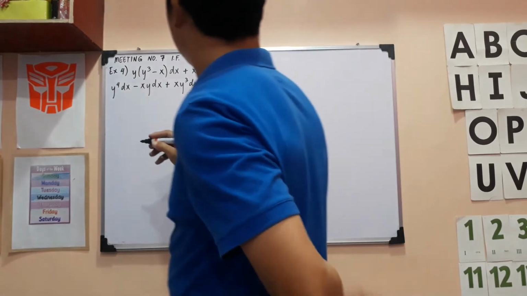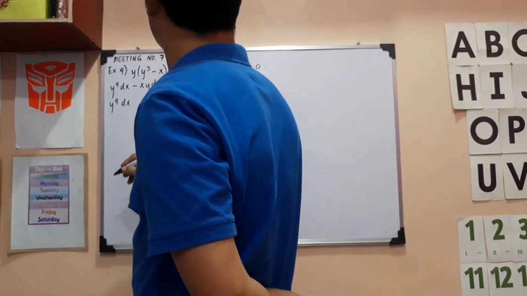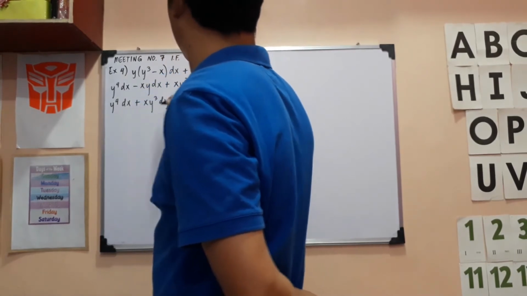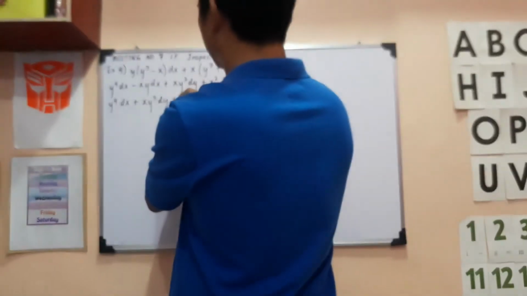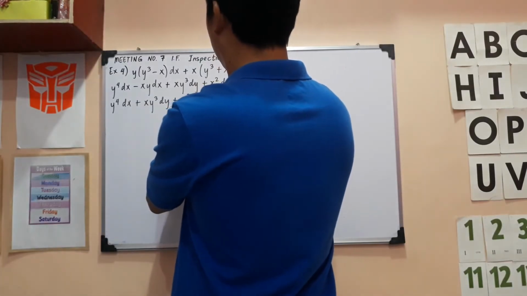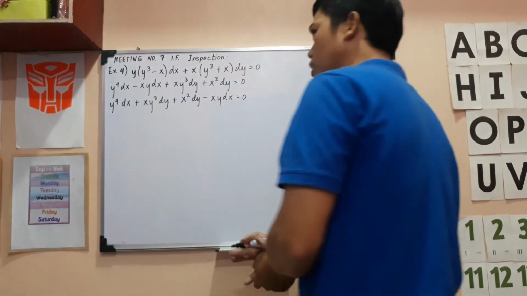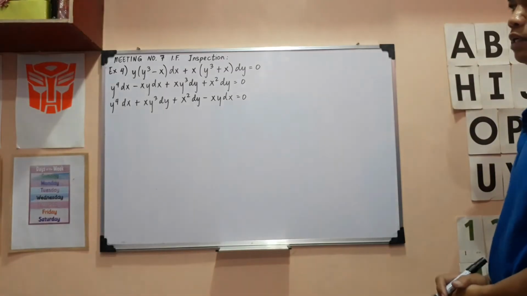Next, y to the fourth dx plus xy cube dy. So, i-group natin, no? Okay, first and then second. And then plus x squared dy minus xy dx is equal to 0. Diba sabi doon, binasa natin, proper regrouping is necessary.